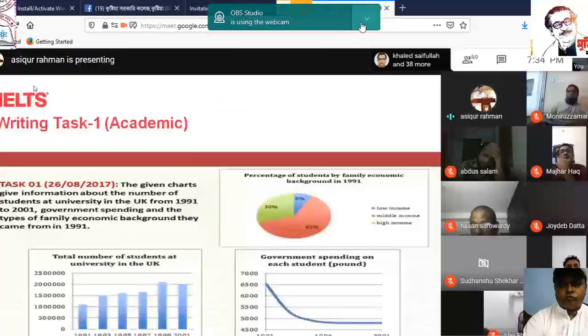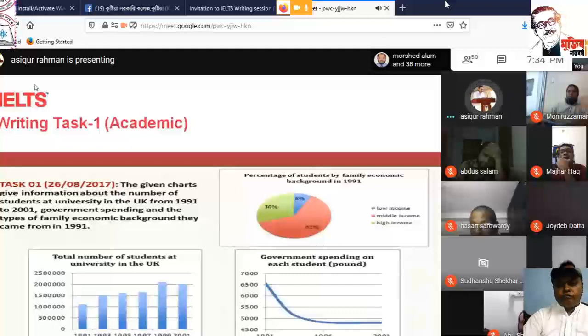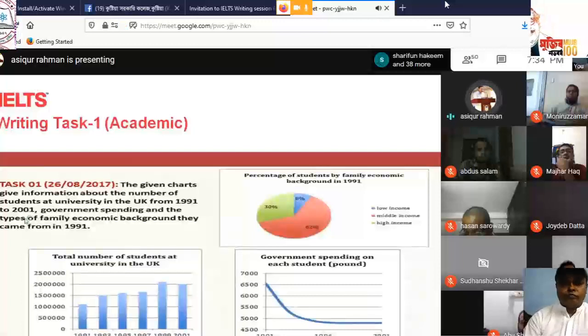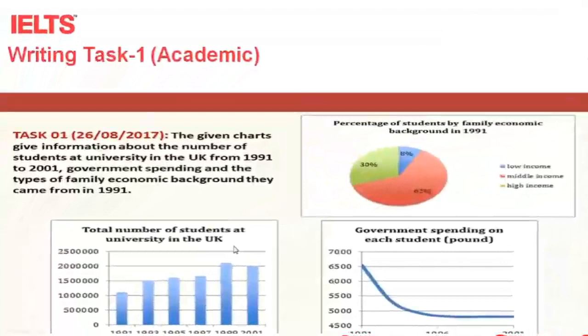from the images, you can already guess what it is. So you can see three types of graphs presented here already. The one in the left bottom is a bar graph. On the right top, you can see a pie chart, and on the right bottom, you can see a line graph.